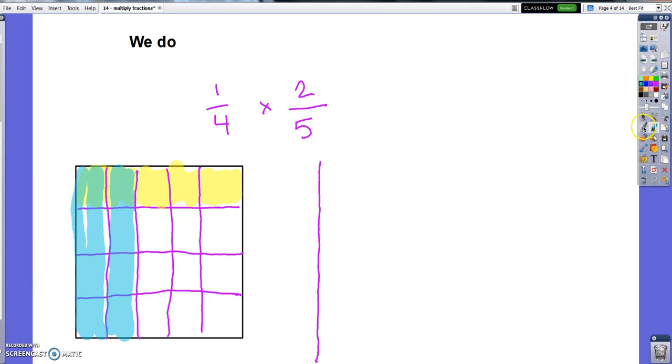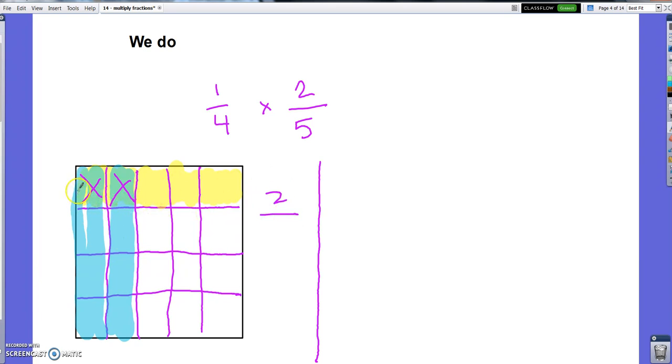And so this area right here that got colored 2 colors, these 2 boxes, that's my answer. It's the part that got colored both colors. So that looks to me like 2 out of 5, 10, 15, 20 parts of my fraction. So I cut this whole thing now into 20ths, and 2 of them were shaded both colors, so 2 20ths.